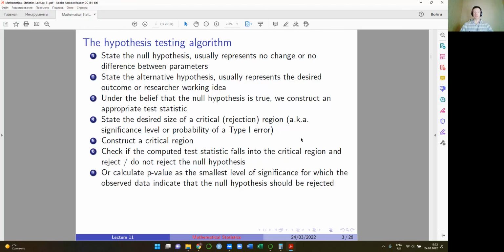Or we can compute the p-value, and we can compare this p-value with alpha. Whenever the p-value is less than alpha, the null hypothesis must be rejected. Whenever the p-value is greater than alpha, usually 5%, we are not able to reject the null hypothesis.